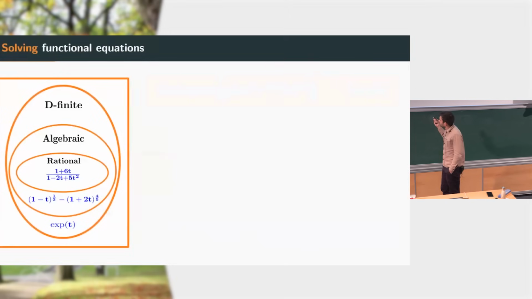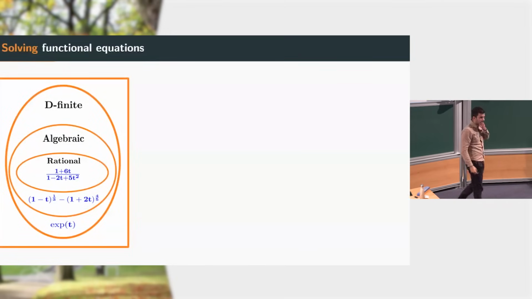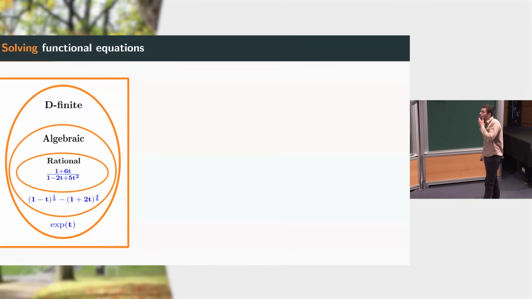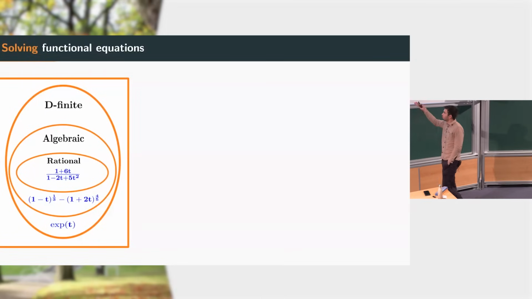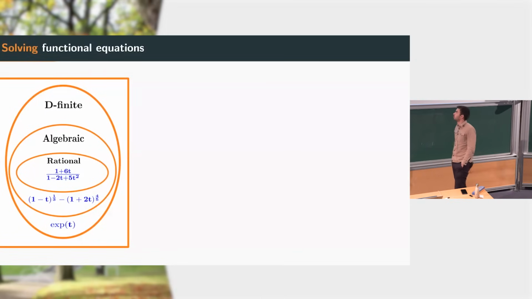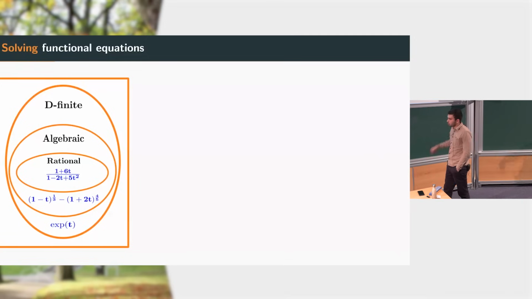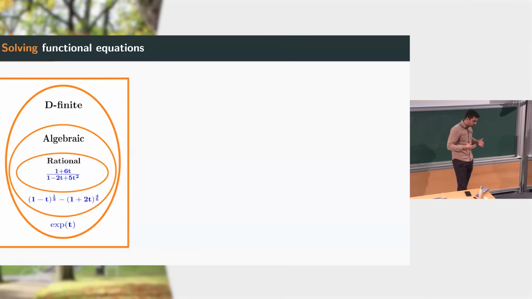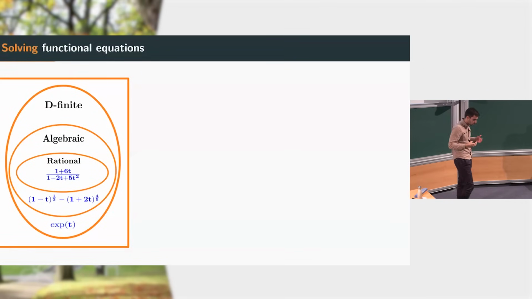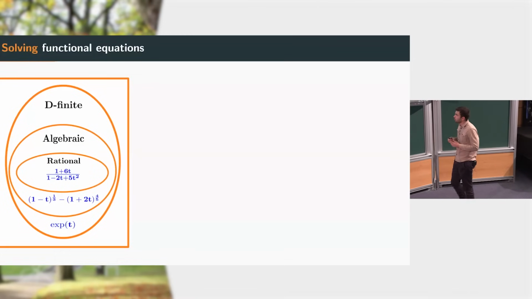So let's try to see what I mean by studying and by solving an equation. Let me remind you that when you have a univariate formal power series in the variable t, you can have a somehow simplified version of a classification result. So you can either be the quotient of two polynomials, or you can be annihilated by a non-zero polynomial, or you can also be solution of a linear differential operator.